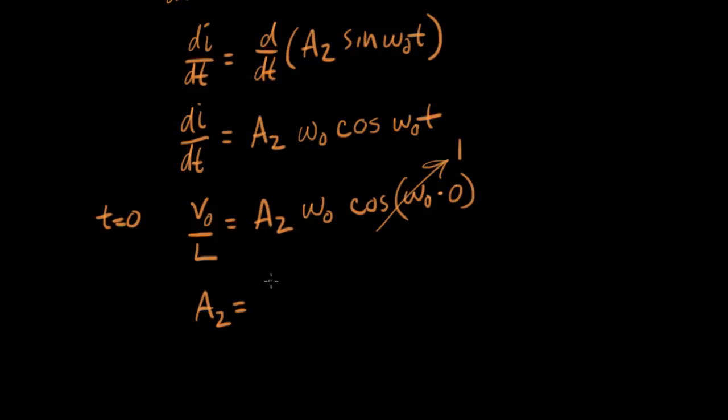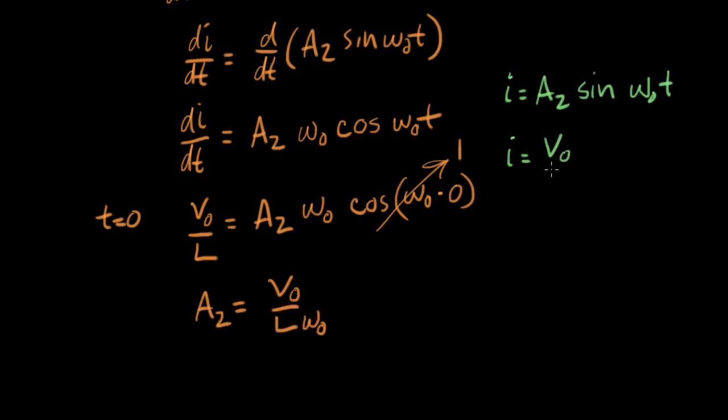A2 equals V naught over L, and omega naught goes down here. So now we've solved for our second adjustable parameter, and we can write I. I was A2 sine omega naught t. So let's fill it in for A2. I equals A2 is V naught over L omega naught times sine omega naught t.